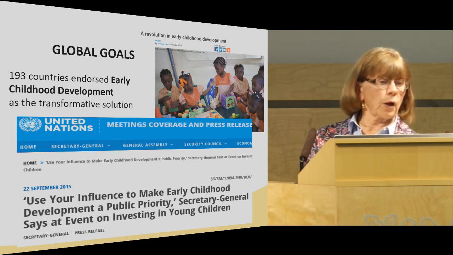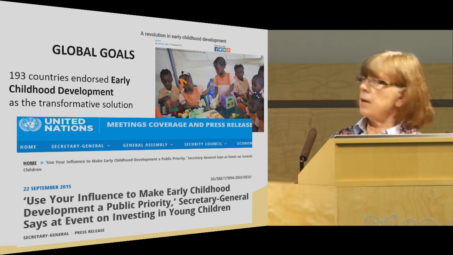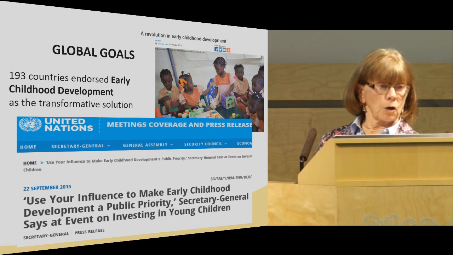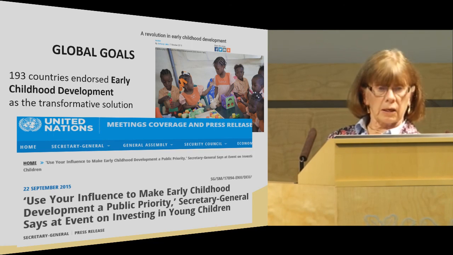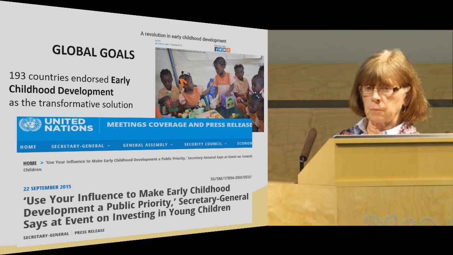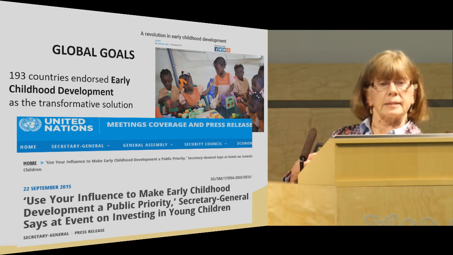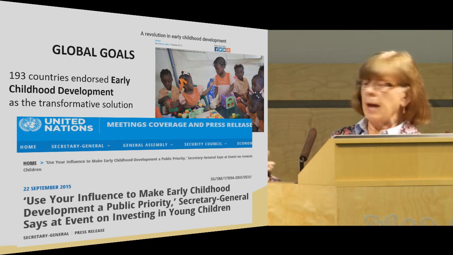This was never thought of before. Early child development was nowhere on the radar. So the attention that has gone into investing in young children and investing in early child development is monumental. 40% of low and middle income countries have policies related to early child development.